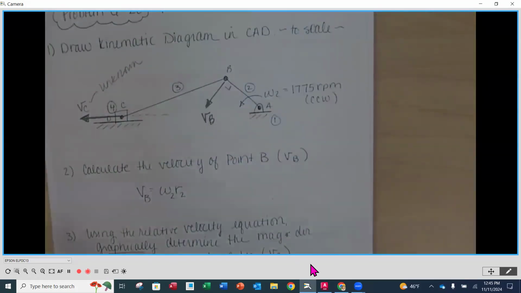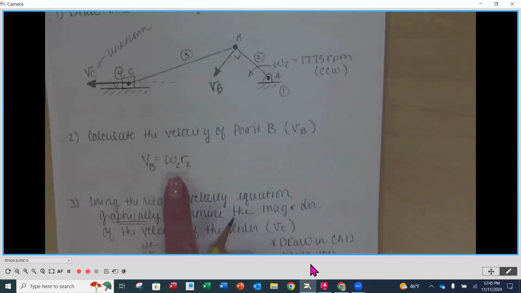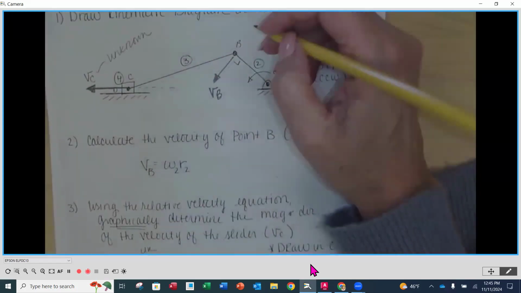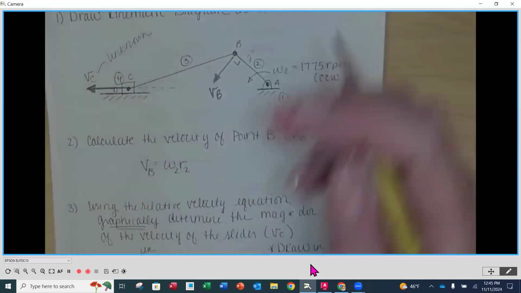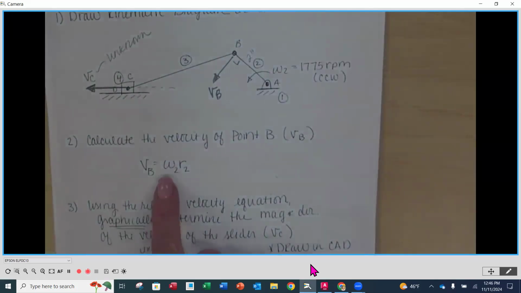Now, because it's on a link where we know its rotational velocity, or its angular velocity, we can calculate the magnitude of VB at this point. We know how far away this is, 2 inches, right? When you drew it in AutoCAD, we know it's 2 inches away from its center of rotation. And we know how fast that link is rotating. Okay. Now remember, in this equation, the units are important.